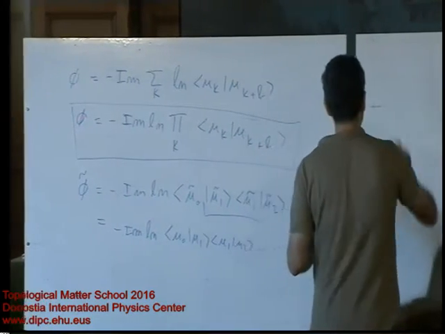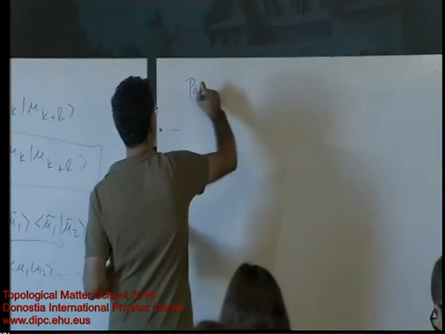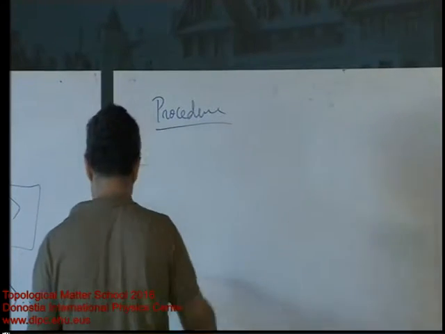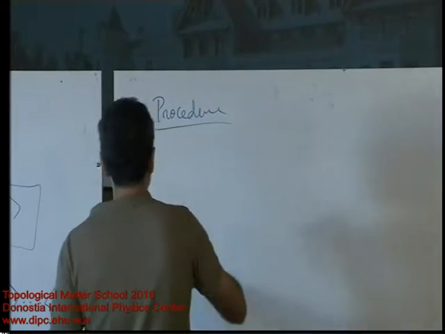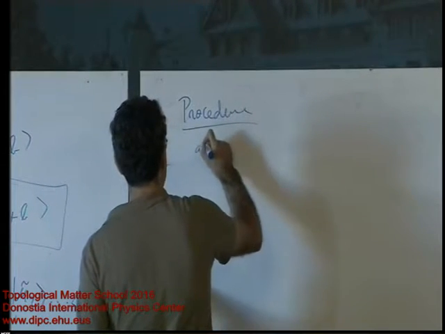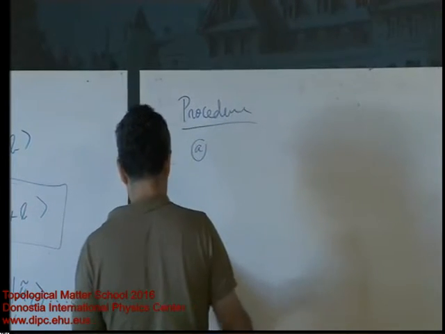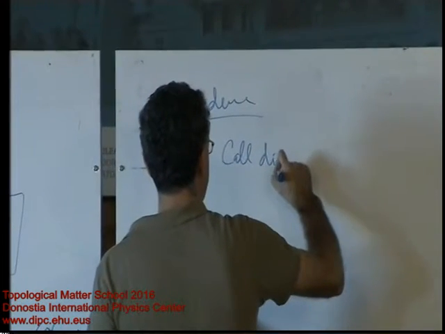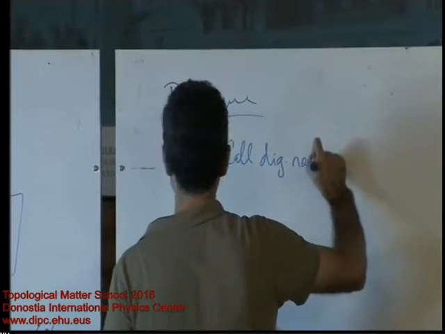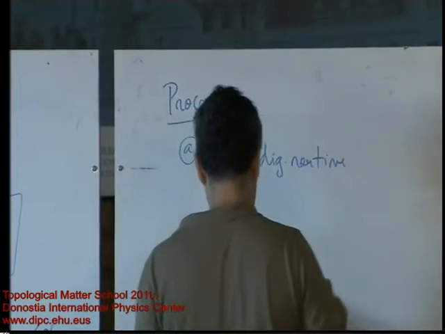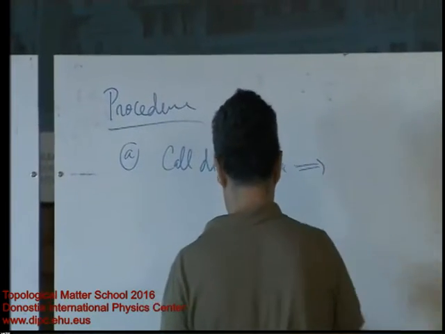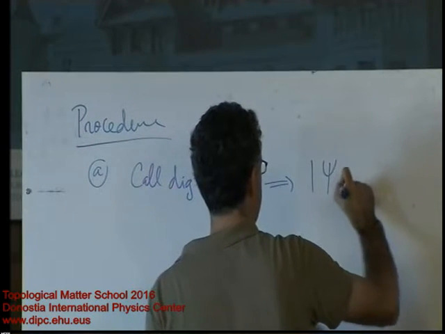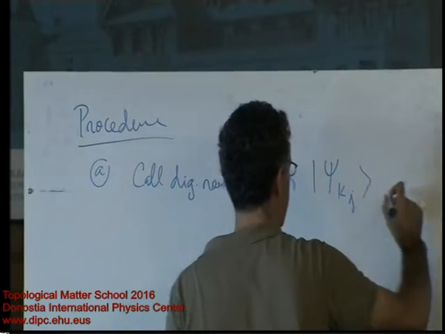So the procedure, if you want to implement this in your code, your tight binding code or whatever, has several steps. The first one is you call your diagonalization routine and you get your eigenfunctions on a discretized mesh.